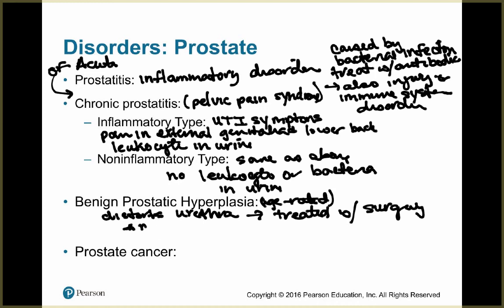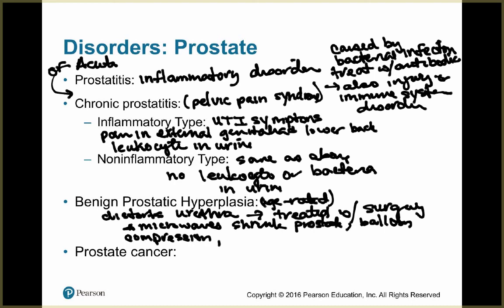For instance, they have used microwave to shrink the prostate. They've used what's known as balloon compression, and radiofrequency radiation. All of these aim to allow the urethra to work, most of them trying to shrink the prostate or make room in that area for the urethra.